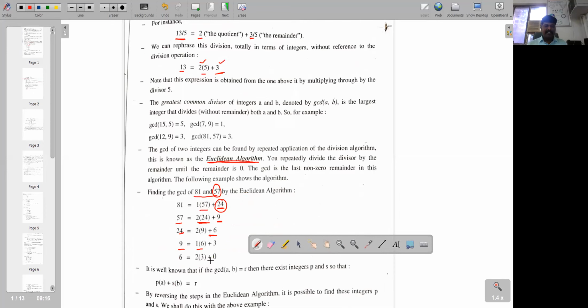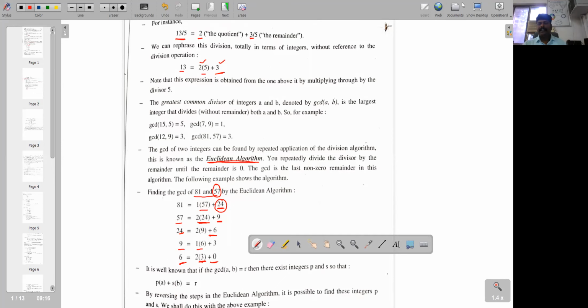Whenever we reach 0 as the modulus, that number will be the GCD. So the 3 will be the greatest common divisor between 81 and 57. Is it clear? I could explain this with a numerical example, we'll solve it and get more clarification on this.